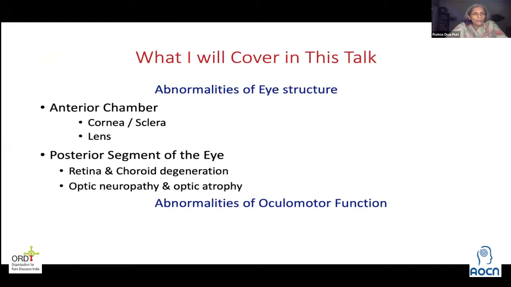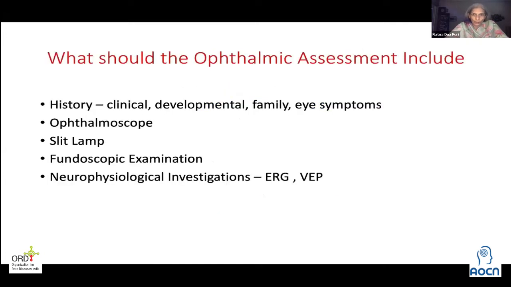So what I'm really going to cover in my talk are abnormalities within eye structure, going not from head to toe, but from anterior to posterior, and abnormalities of oculomotor function. Within this scenario, it again starts from the history, which would involve the clinical history of presenting complaints and present illness, the progress, developmental history, the family history, and the eye symptoms.